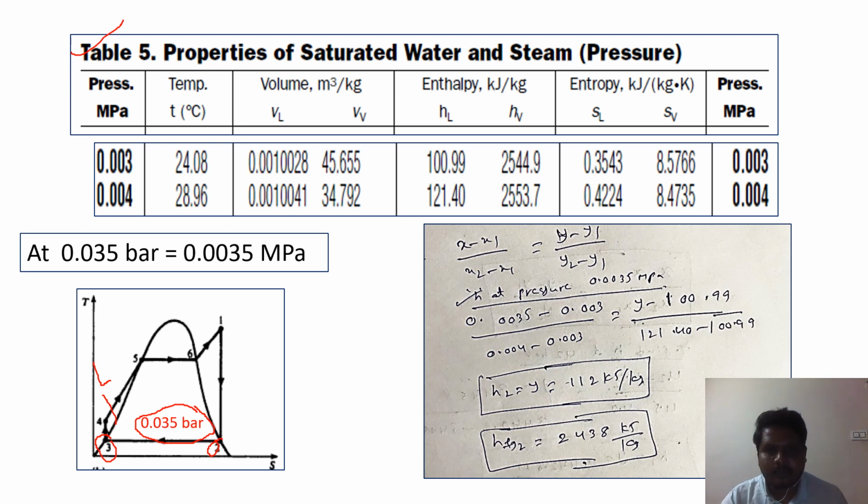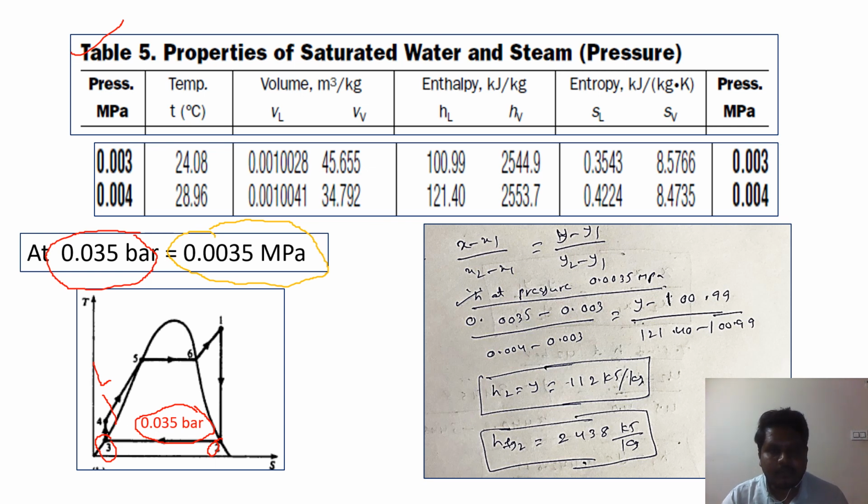From this table we have to find enthalpy and entropy values at 0.035 bar. If you convert 0.035 bar into megapascal, it would be 0.0035 megapascal.